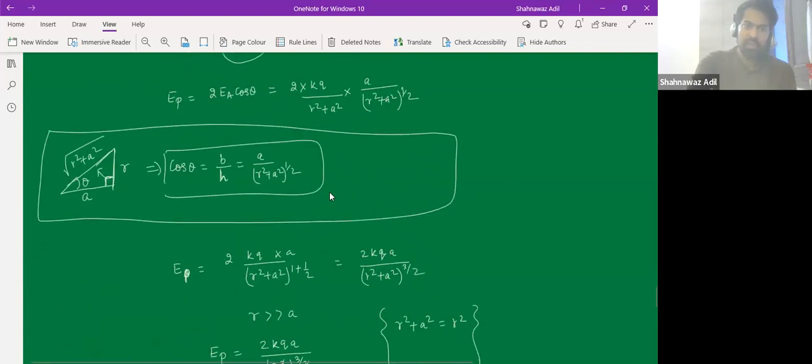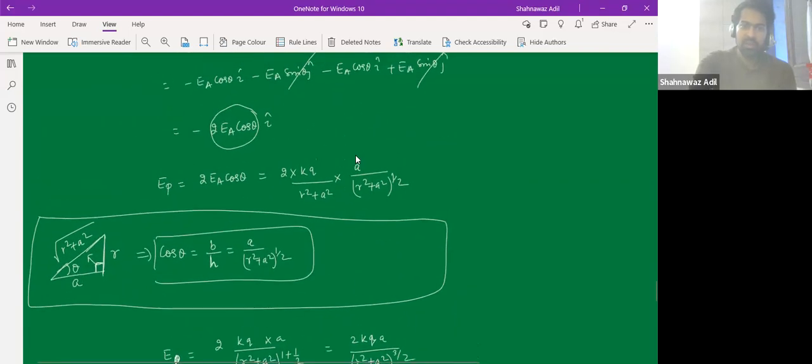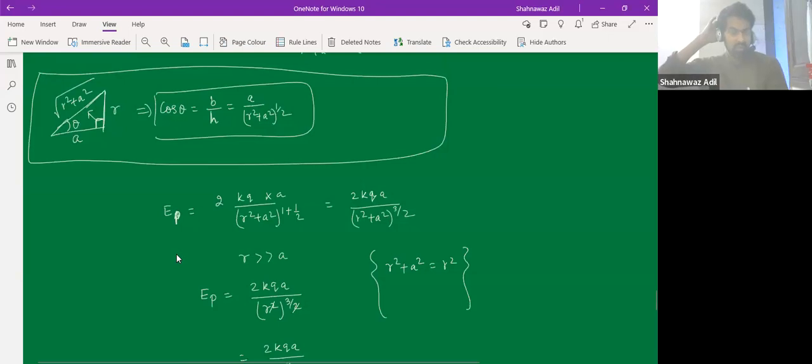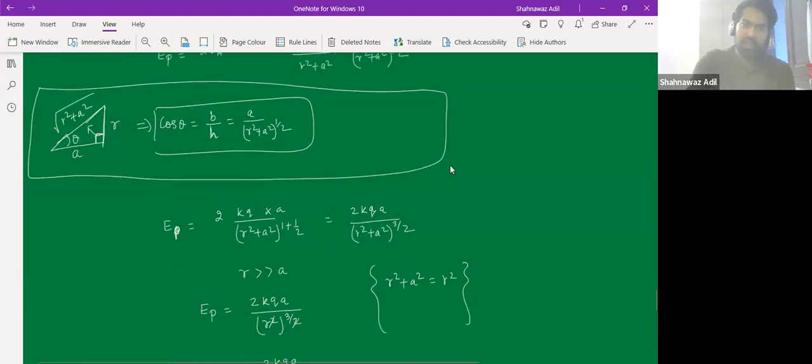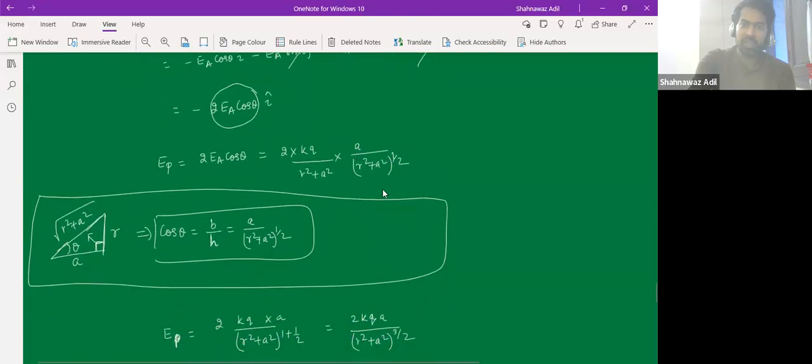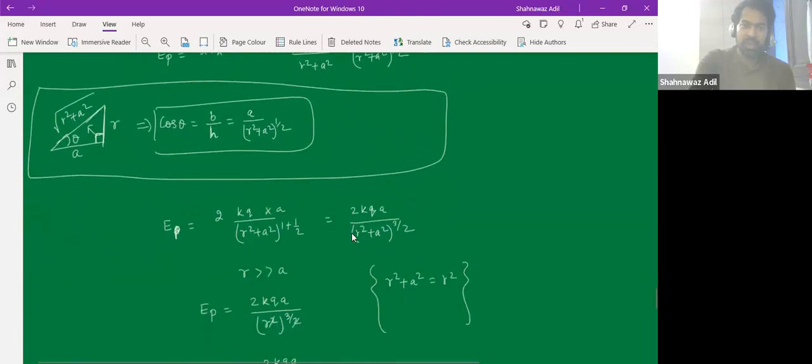This I have written, that why this cos theta would be this. So you can write it here on the right-hand side to show why this would be this, or you can write it in the video.